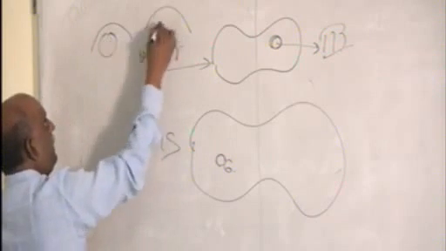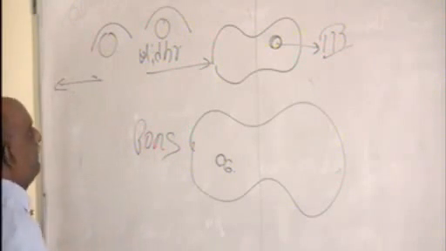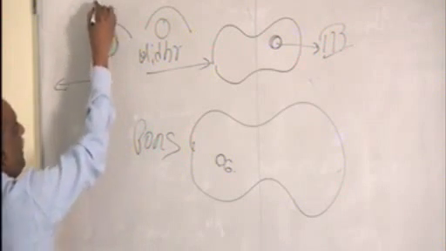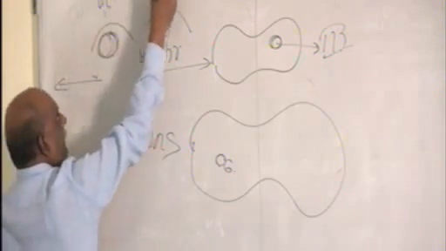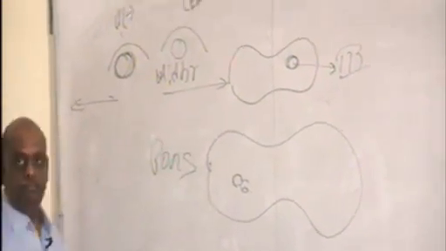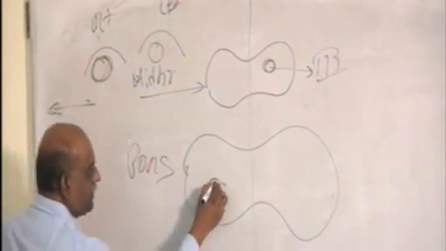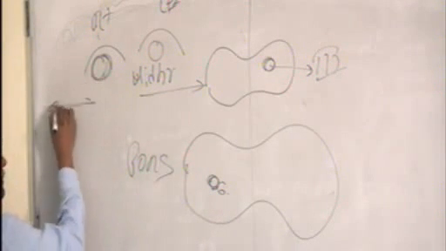So your eyes are looking, let us say, towards this side. Which eye do you call this? Right eye, left eye. If the right eye is undergoing abduction, your 6th cranial nerve nucleus is responsible for making your right eye abduct.